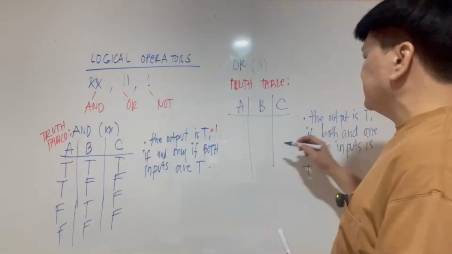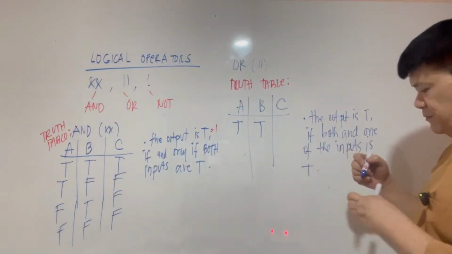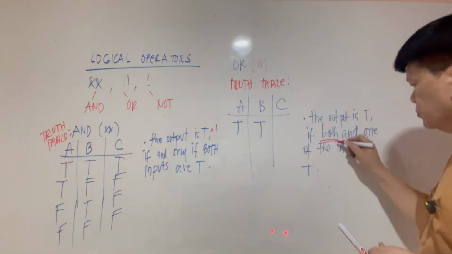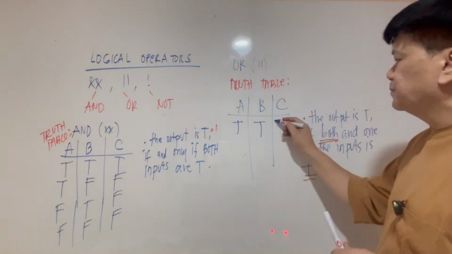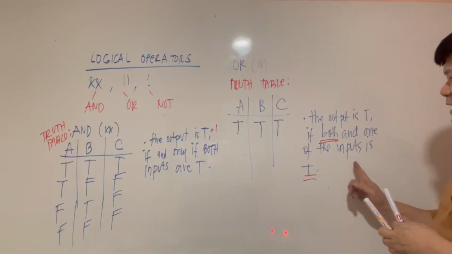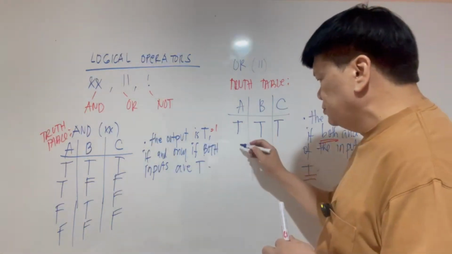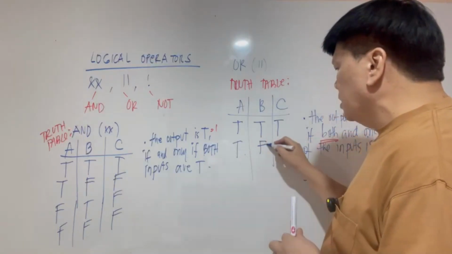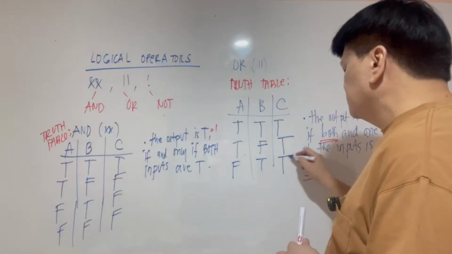So the output, let's say this is true. If both inputs are true, that will give you an output of true. Then, if only one of the inputs is true, then that will give you an output of true. So true, false, still you get true. False, true, you will get true.